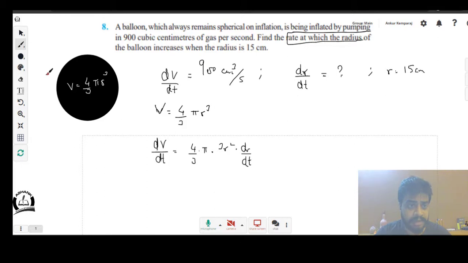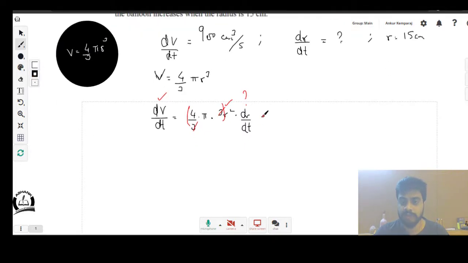All right, so we pretty much have all the parameters required here. So let's jot down what we have and what we need. dV by dt, check, we know it. 4 by 3, 3 and 3 get cancelled. 4 by 3 into pi into 3 is a constant. The value for r is given to us. dr by dt is the only unknown in this equation. So wrap it up.